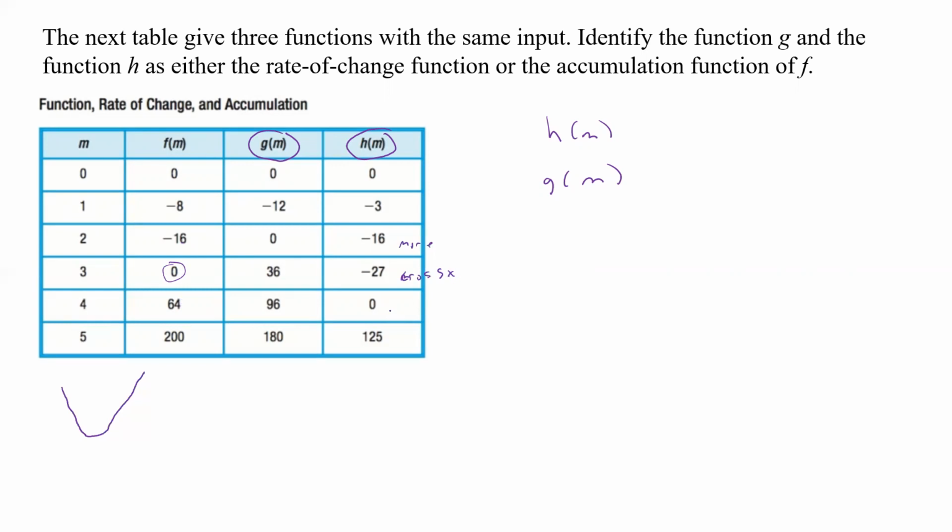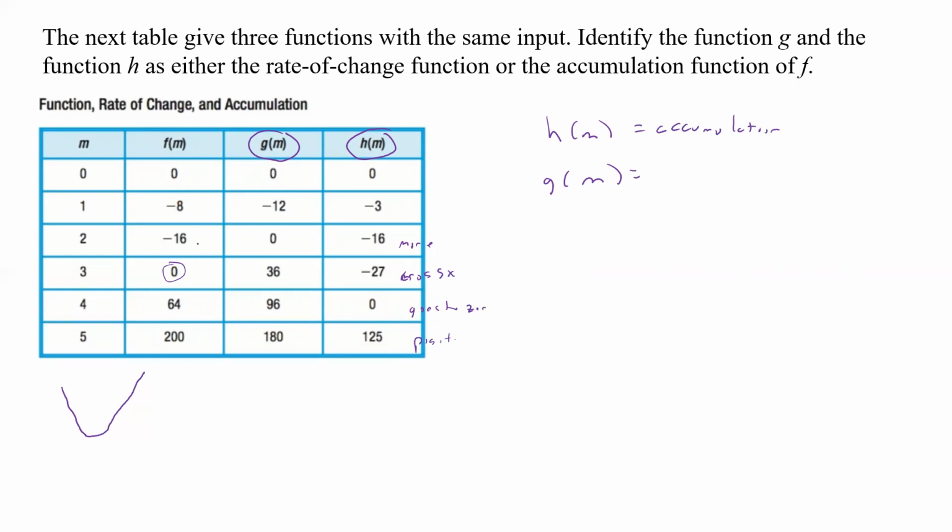Now we're adding, so it goes to 0. Here we're adding even more, and so we're positive. So I'm thinking H, and I'm doing this one because I can write over here. H has to be our accumulation, and so G would be our derivative, our rate of change.